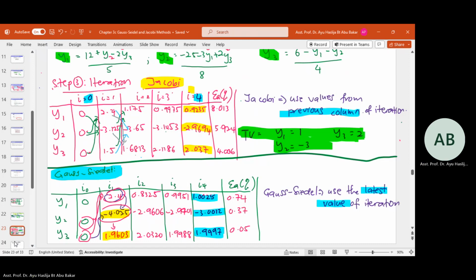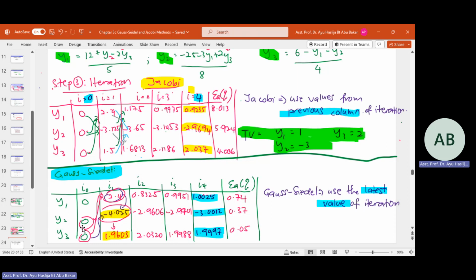Any questions? Clear? Actually, I have an exercise. It depends. Sometimes it gives you up to what iteration, or else the ES, the stopping criterion. Let's say for this one, it said until 4 iterations, right?